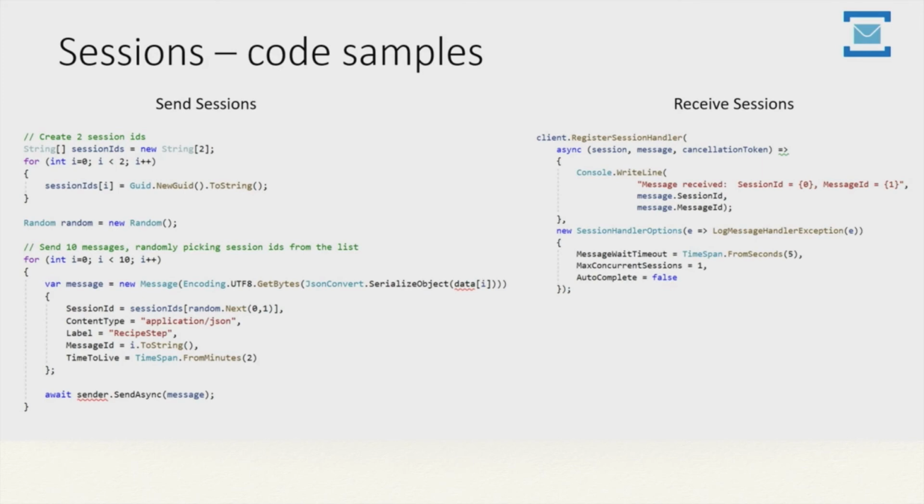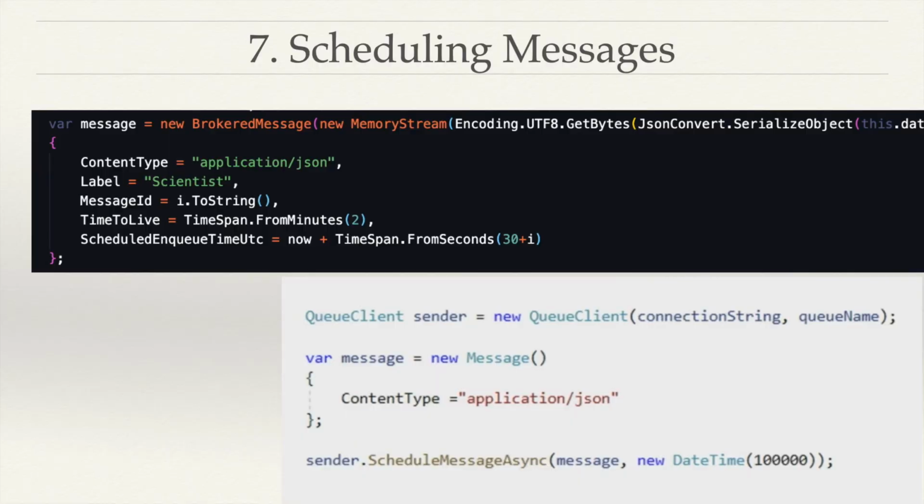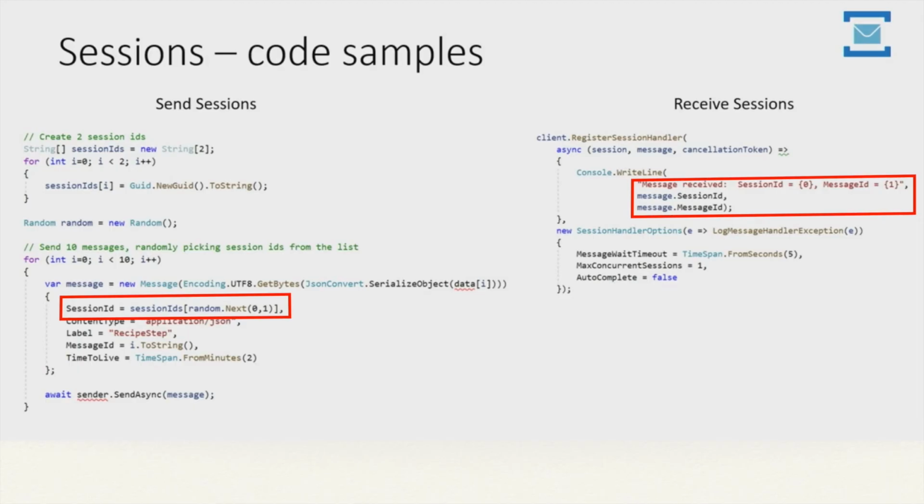If you look at the sample code here, we are specifying the session ID at the time of creating the message. In this case we have declared two different session IDs with the help of a random number.